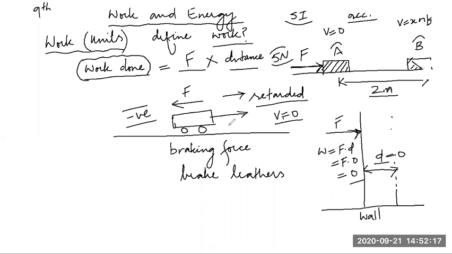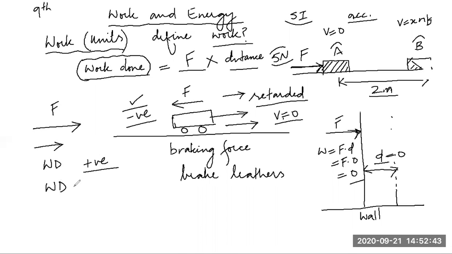The motion is happening in this direction, but the force is applied in the opposite direction, right? So the work done is negative. In the case when force applied and the displacement of the body are in the same direction, we say work done is positive.